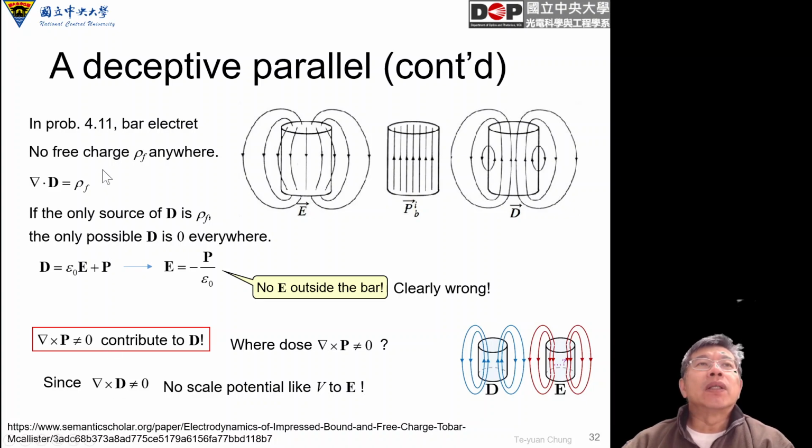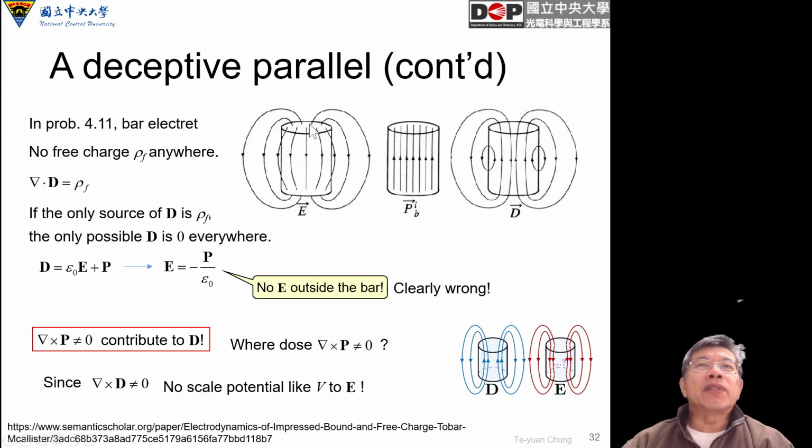Anyway, the electret is just a bar made of polar molecules, and the total charge is 0. But because it is made under high voltage, the polarization is very uniformly distributed, and there are surface charges accumulated here, but there is no free charge, of course, because nothing moves around.